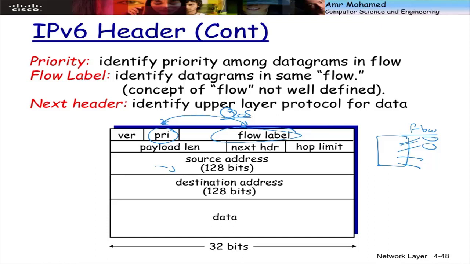Okay. This is dangerous. I was expecting someone to say, so we can say that this flow label is meant for the upper layer because... Yes, it's meant for application level. Yeah, it's meant to provide quality of service, okay, at the flow level.